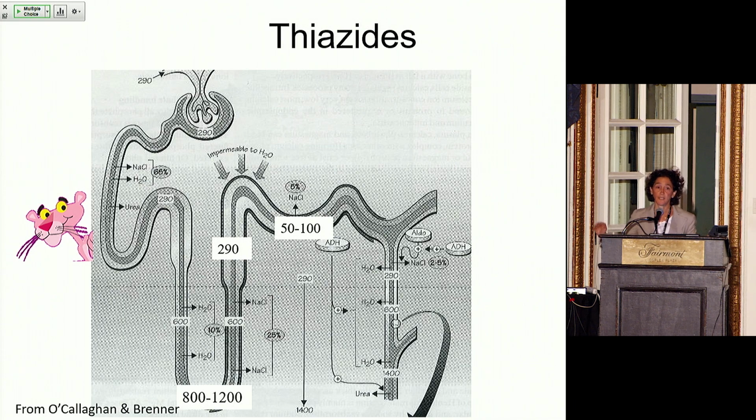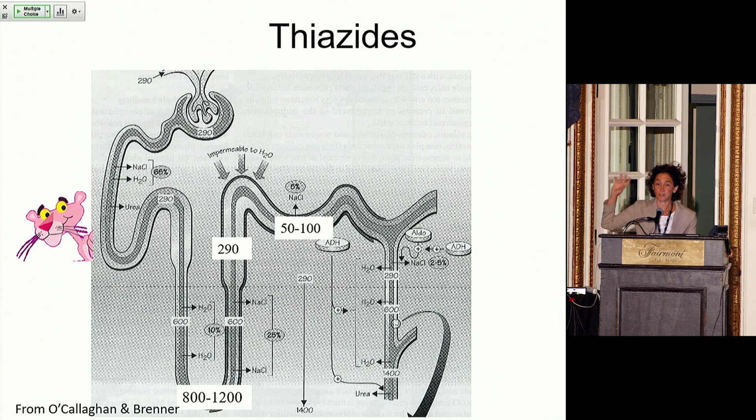That 1200 is for kiddies because I haven't seen one over 1,000 yet. If I have pediatric nephrology friends here, I bet you have, but I have not seen that yet. So you get really concentrated urine in the lumen of the loop. And then as you go up the loop, as I said earlier, you take solute out, but impermeable to water. And by the time you get to, say, the top of the loop, you again have 285.